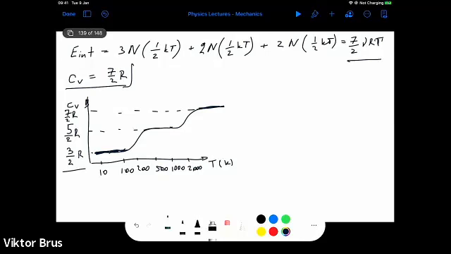Then we increase temperature, we provide enough energy to activate rotational motion.